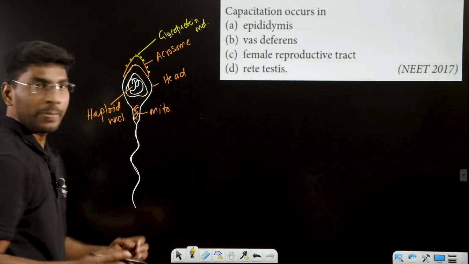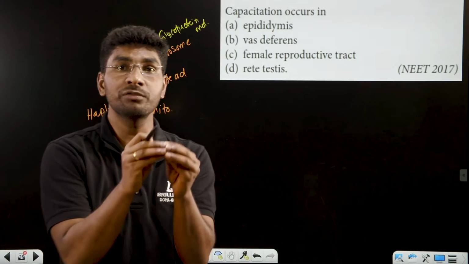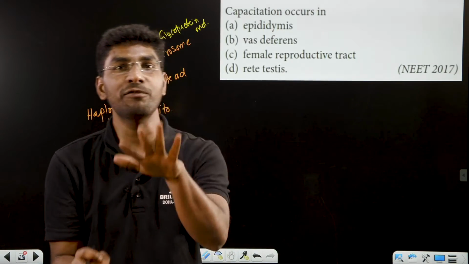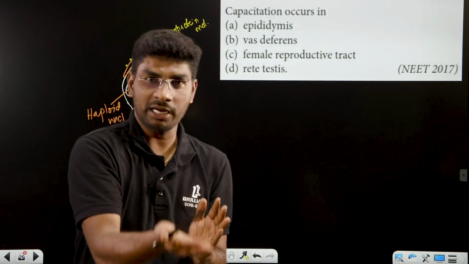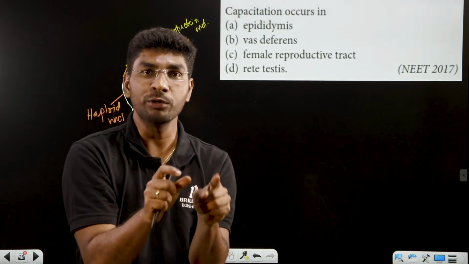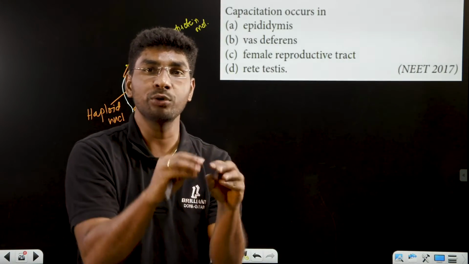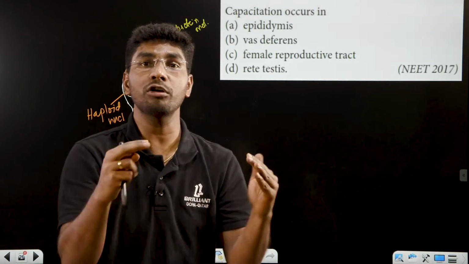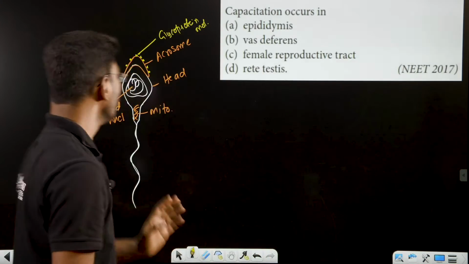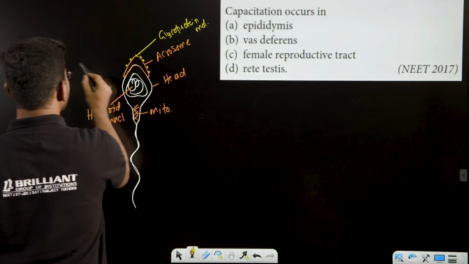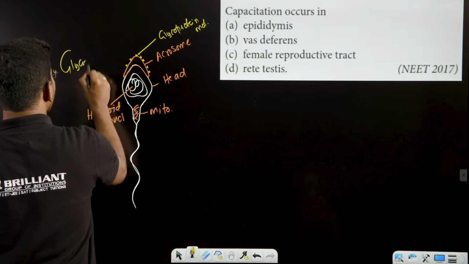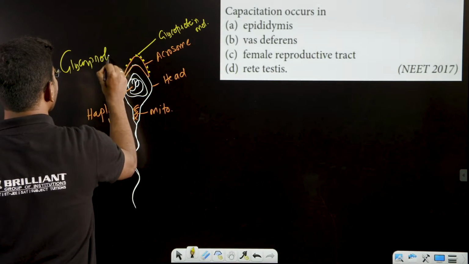Now what happened? These glycoprotein molecules will be removed by the vaginal fluids. Once ejaculation is done, whatever fluids are there in the vagina, those fluids remove this glycoprotein on the surface of the acrosome.